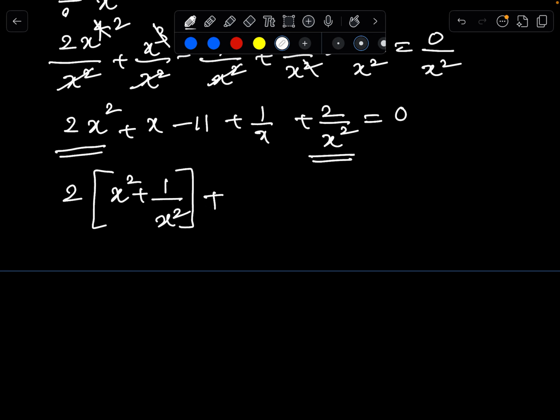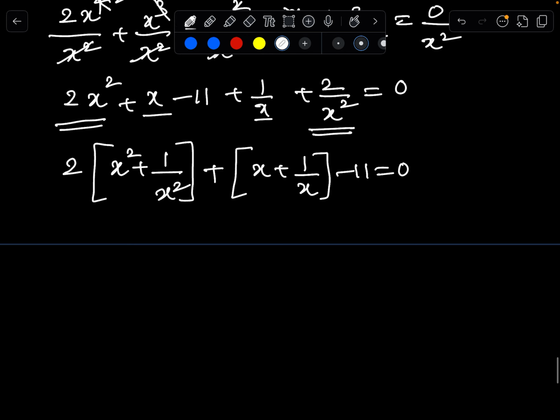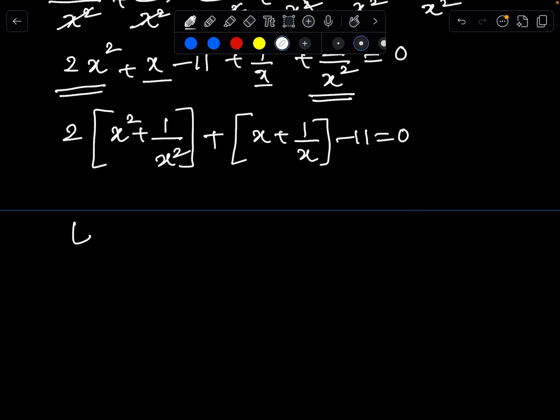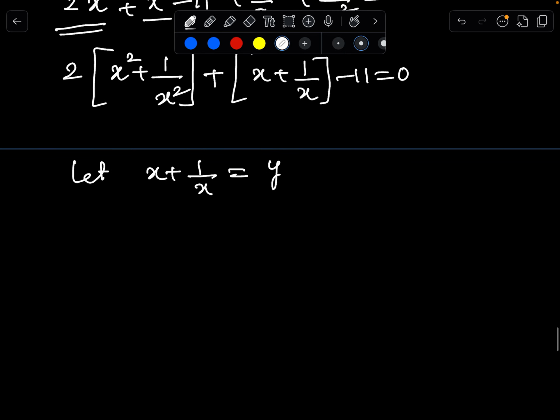Then taking the x variables, 1 into x plus 1 by x minus 11 equal to 0. Observe this: we take the expression x plus 1 by x as a new variable y, and substitute y in the above expression.